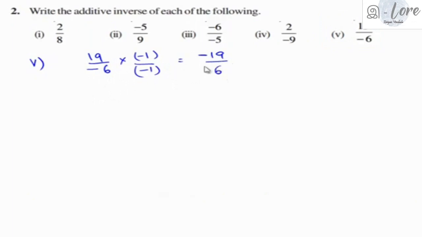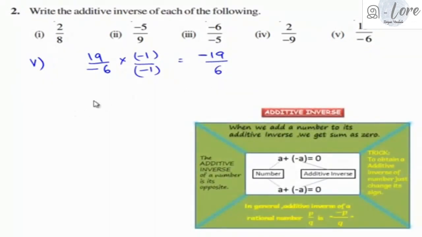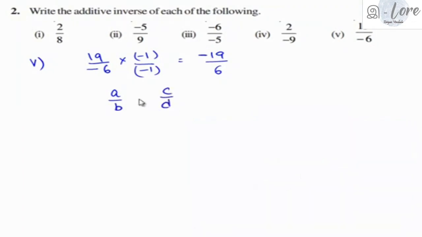Now we have to find the additive inverse of minus 19 by 6. For every rational number a by b, there exists another rational number c by d such that a by b plus c by d is equal to 0, which is equal to c by d plus a by b. As we know, c by d is the additive inverse of a by b and a by b is the additive inverse of c by d.